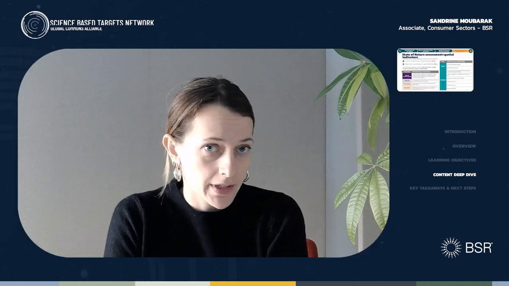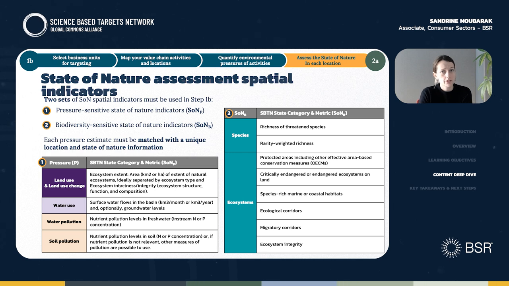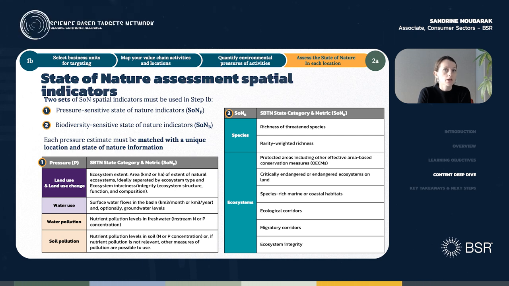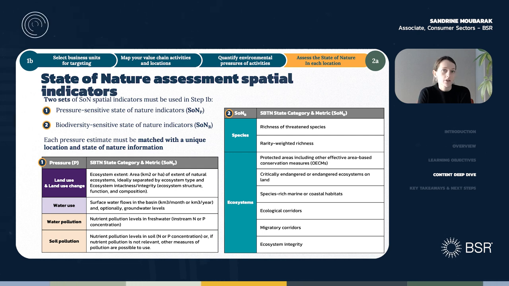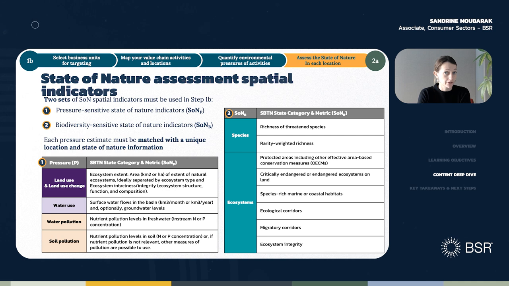To complement the analysis possible using pressure-sensitive state of nature indicators, SBTN requires companies to use at least 2 biodiversity-specific indicators, one at the species level and one at the ecosystem level. If your company used ecosystem condition or integrity indices, such as the Ecosystem Integrity Index, to represent pressure-sensitive state of nature, they must use a complementary species-level indicator of biodiversity.